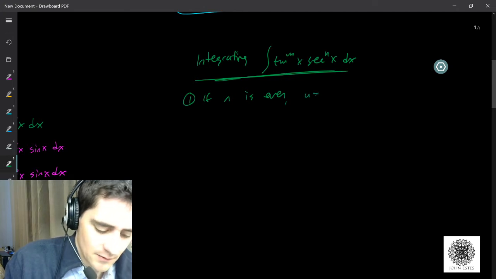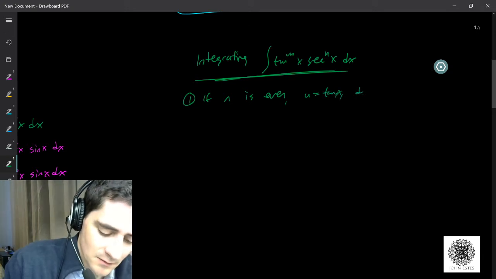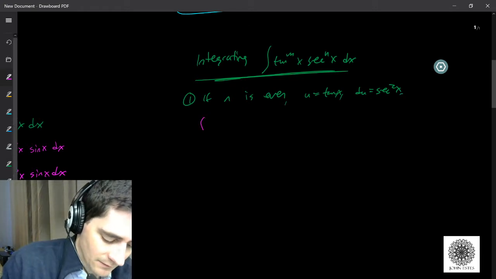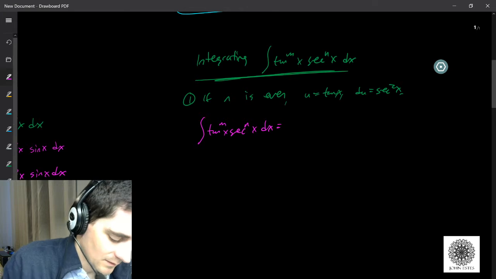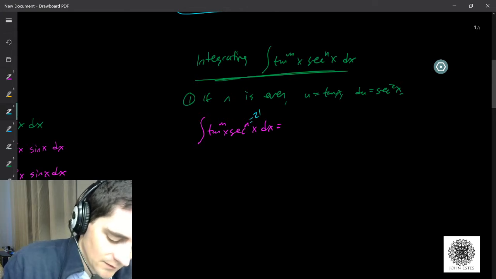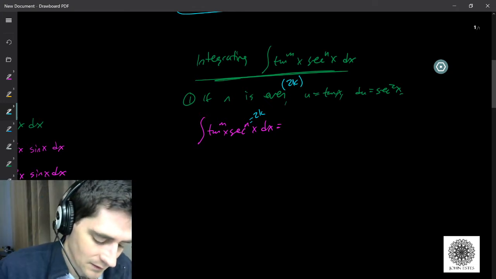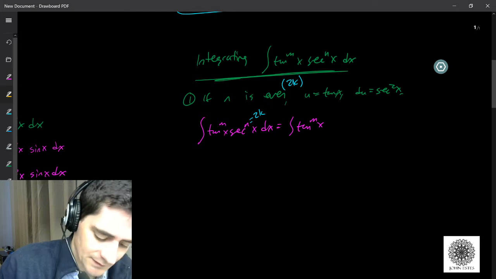we're going to let u be tangent, and du is going to be secant squared. And so the idea is, here you have the integral of tangent to the m, secant to the n, and remember n is the same thing as 2k, because that's how you define an even number. Even would be a multiple of 2. And so what I can do then is take out secant squared. So I have tangent to the m x, and let's see, we're going to take out a secant squared dx.